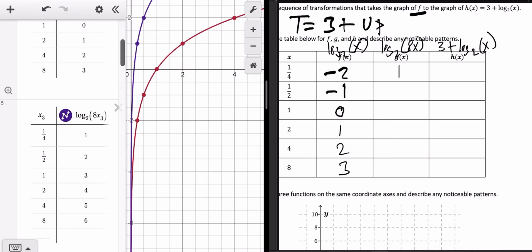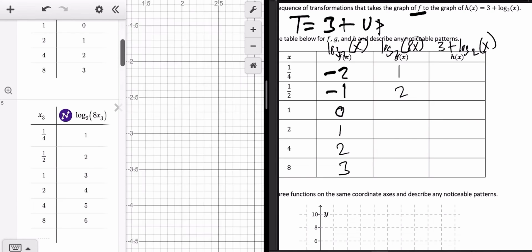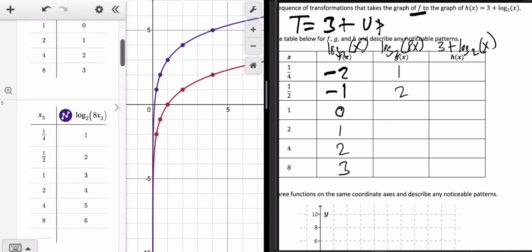And for the half, it's at 2. I'm just plotting these points. And at 1, we have 3. 2 is at 4. 4 is at 5. And 8 is at 6.